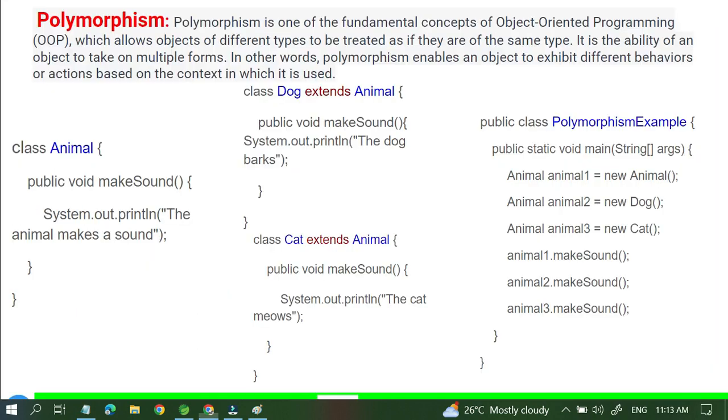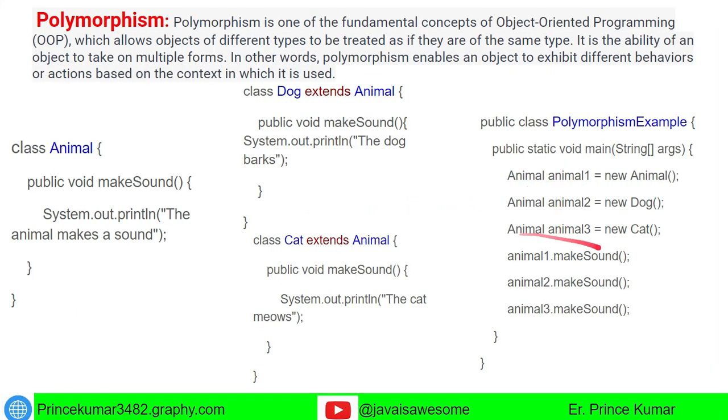So here, if you want to give the answer of this one, you can print the output. If you call this one make sound, it will print that the animals make a sound. If you call this method which is dog, it will call this method, the dog barks. If you see here the make sound method, the cat meows.